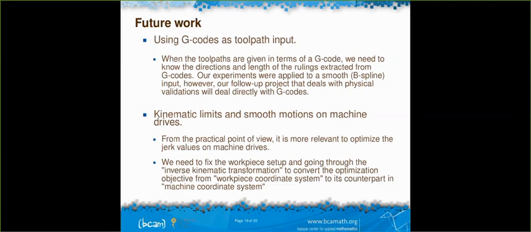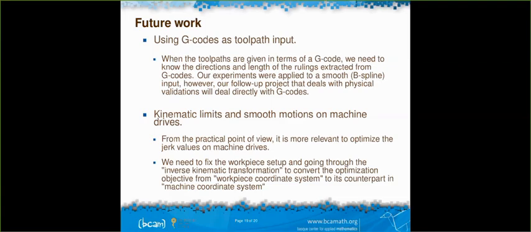And after that, our method can be applied to the B-spline path fitted on that boundary curves. And in our follow-up project, we deal with a physical validation that comes from G-codes, which is a very practical example.